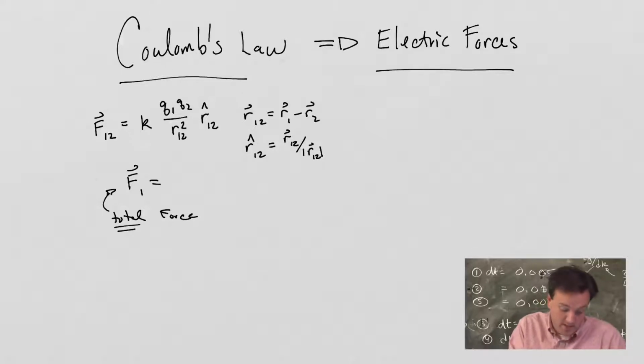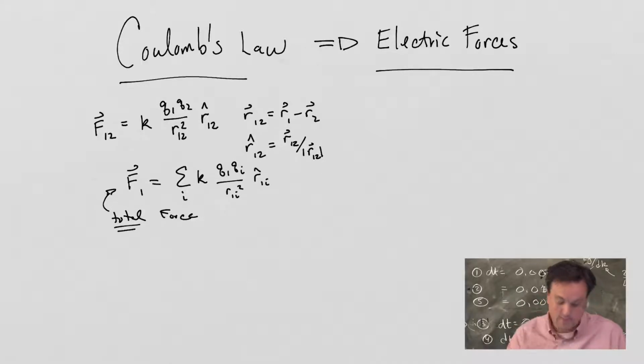Well, that is going to be the sum over all of the other charges involved of, well, what are the vectors that correspond to each one of the forces? Well, it's given by the above expression, k q1. Now, each of the individual charges plays the role of q2, so I'm going to call that qi. And then I'm going to divide it by r1i squared times r1i hat.